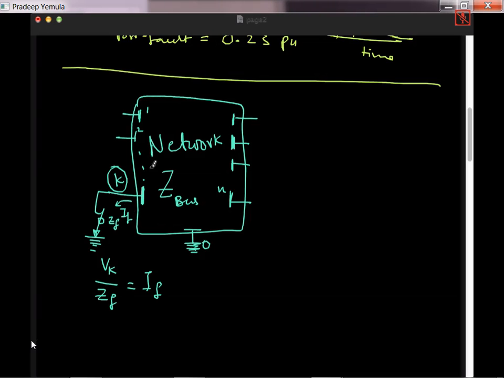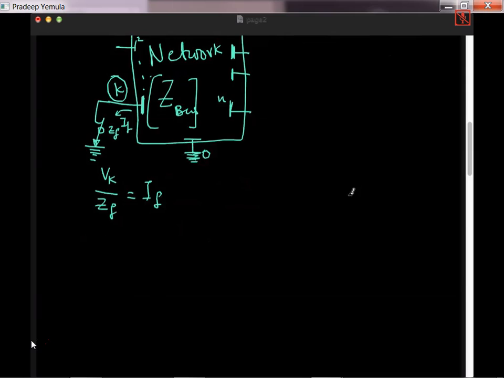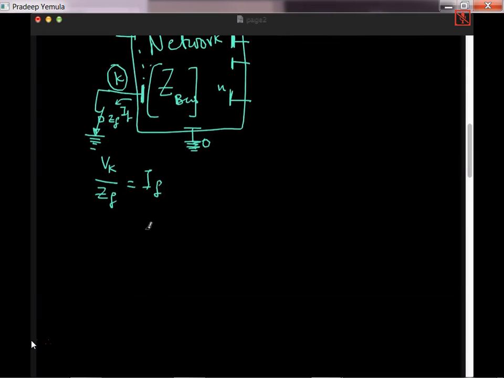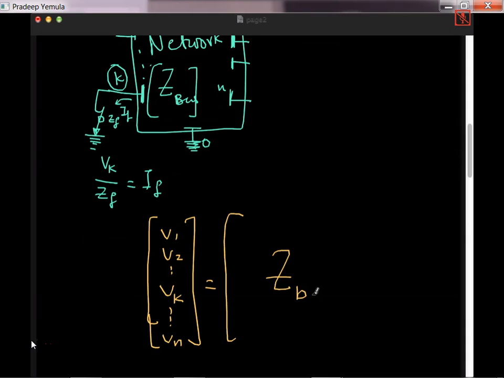If I take the Z bus and write it in matrix form, what do I know? V1, V2, up to Vk, up to Vn is equal to Z bus into I1, I2, Ik up to In.